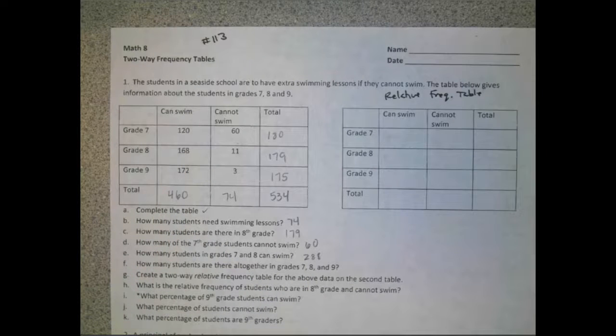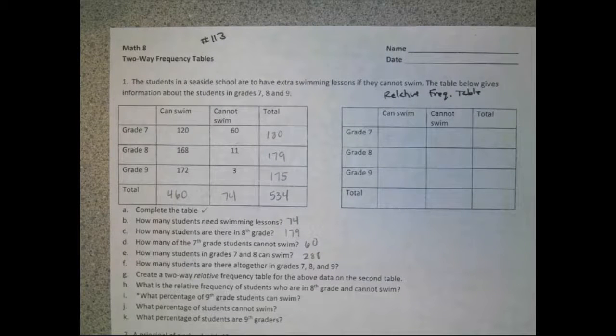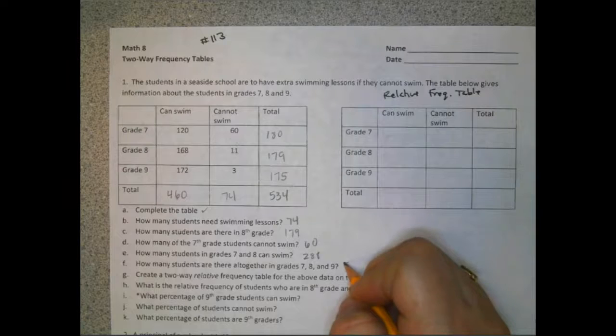Got it? Now, how many students are there all together in grades 7, 8, and 9? So we're looking at our grand total. What's our grand total, Camilo? Grand total. 534.